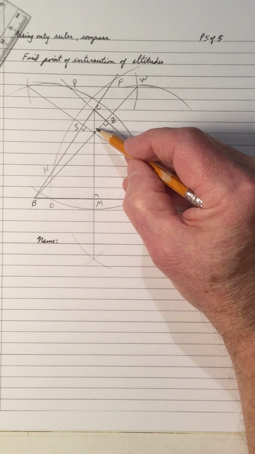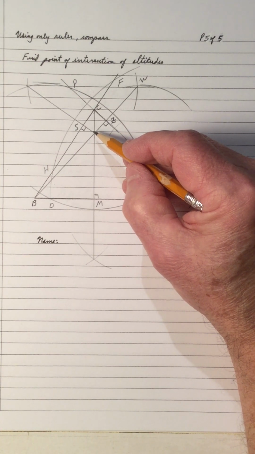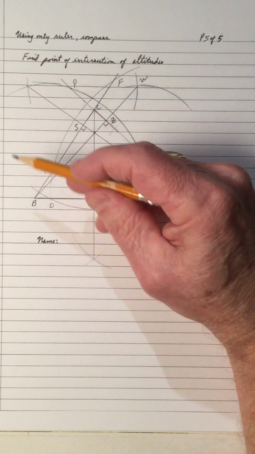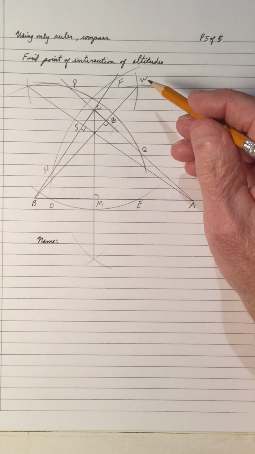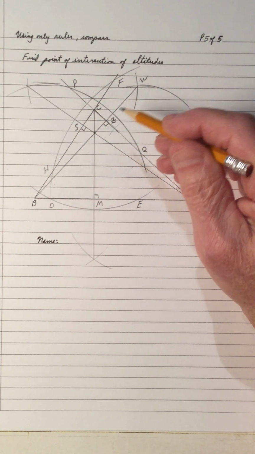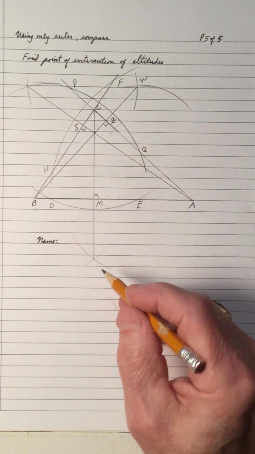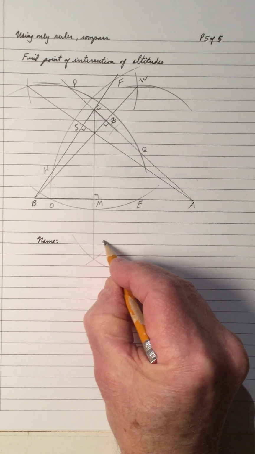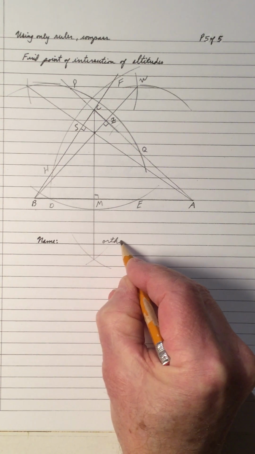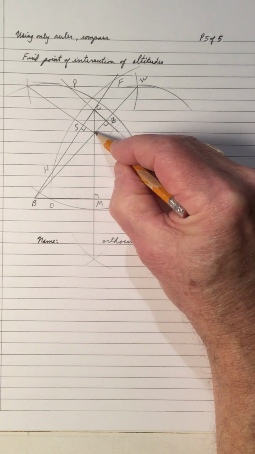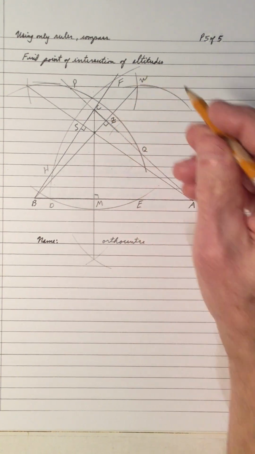And again, the perpendicular bisectors become the circumcenter, which is the circle passing through all the vertices. The angle bisectors meet at the incenter, and the circle is on the inside, tangent to the sides. And this one is called the orthocenter. It's the center of the altitudes, which is right here.